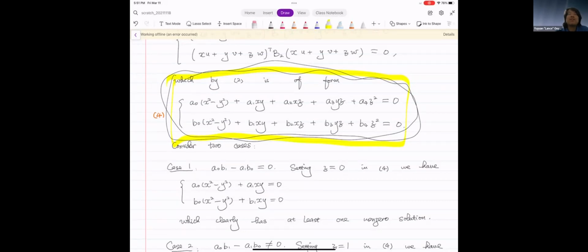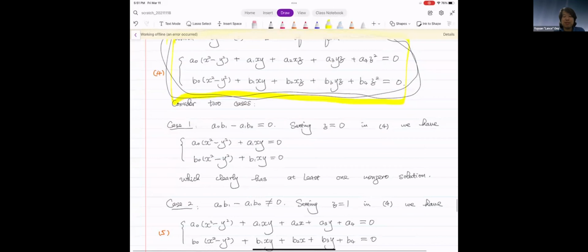Well, here you see we have quadratic equations with 3 variables, 2 equations. I promised that you only need to know how to solve a quadratic equation system with 2 equations, 2 variables. The reason is that I can just consider 2 different cases. The first case, I'm going to set z equal to 0, assuming that this is true.